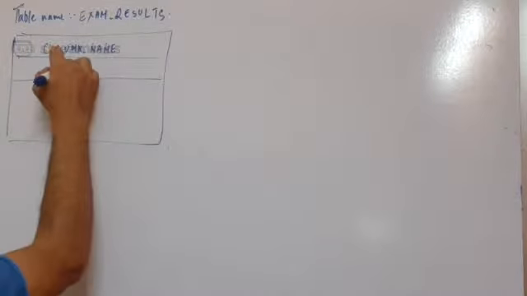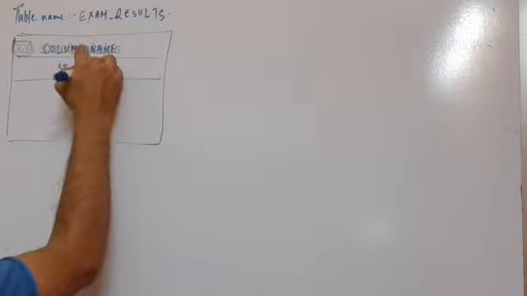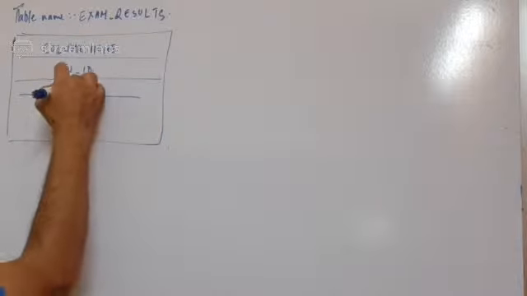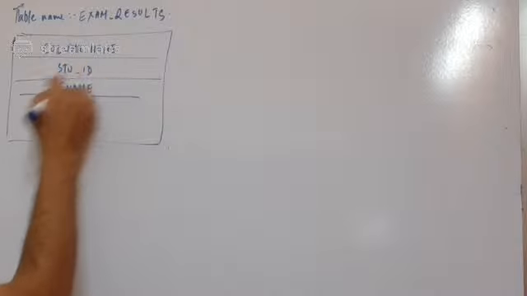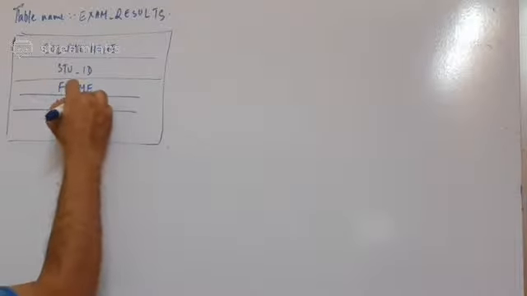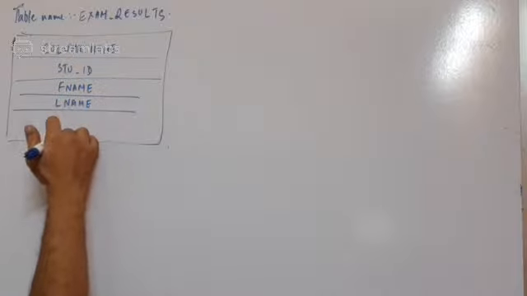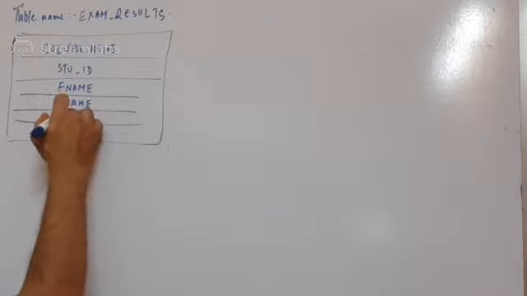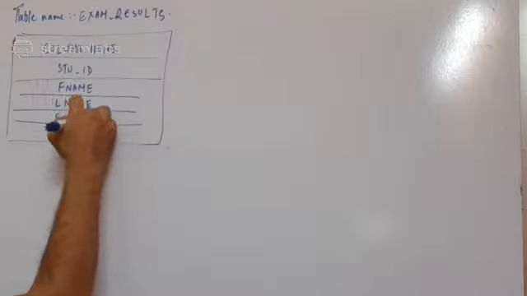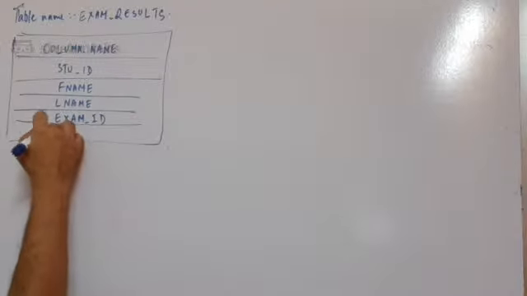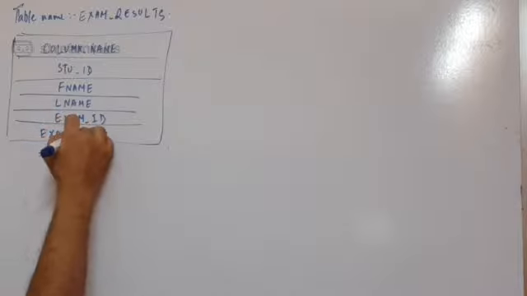The first column will be your student_ID. The second column name will be first name, last name, exam_ID, which will be your fourth column name, and the last column will be your exam_score.